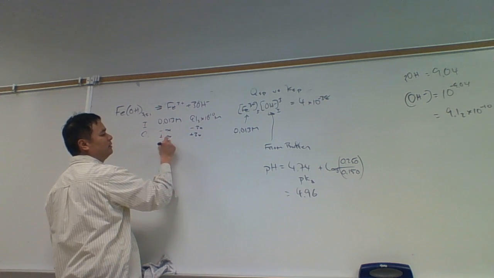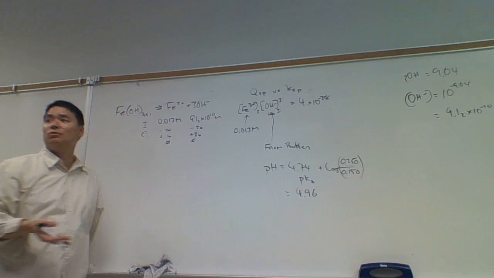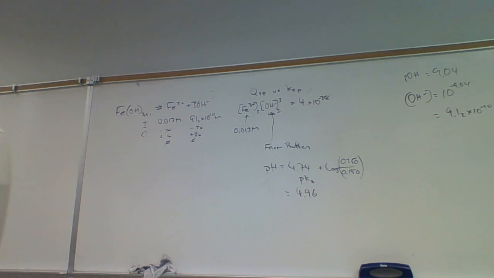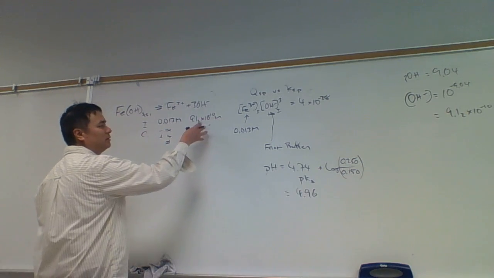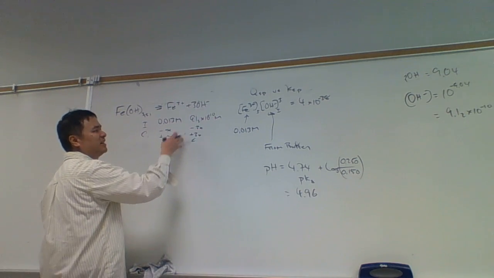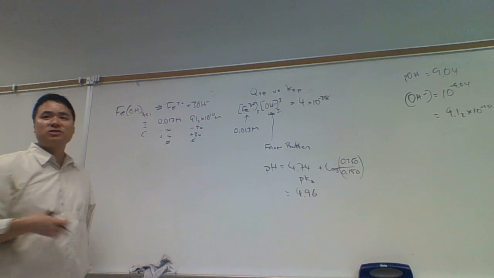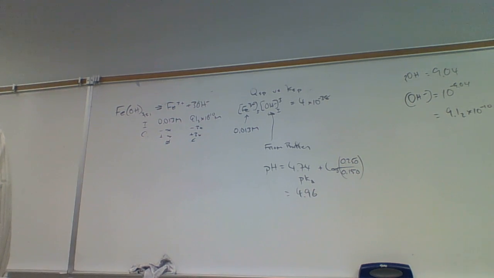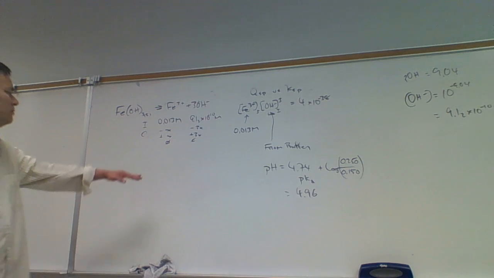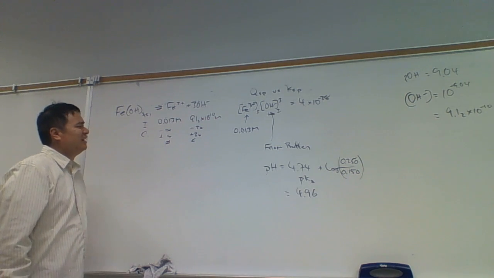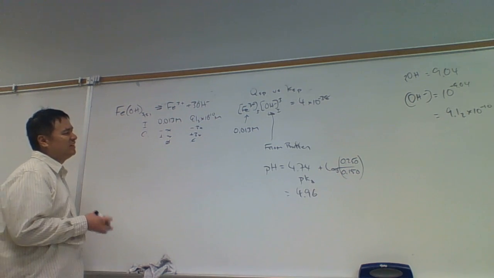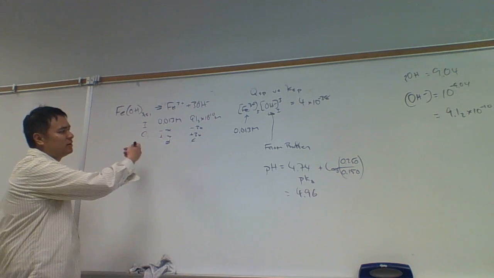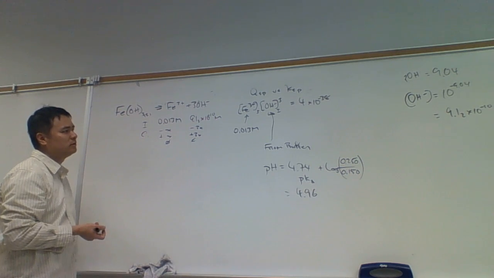Or there's going to be no shift because it's already at equilibrium, already saturated. I don't usually bother doing Q calculations because most problems we just want what we have at equilibrium. But for this problem, we need to do it. We need to see, is this going to shift left or shift right or no change?